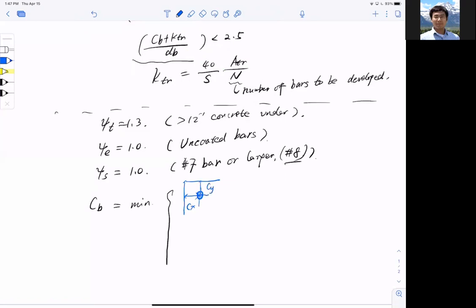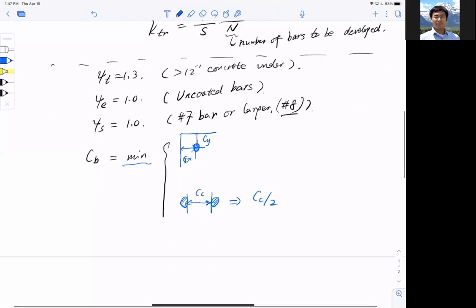And I need to know the minimum of cx, cy, or the clear spacing between bars. If this is cc, to avoid any confusion, then I need to know cc divided by 2 as well. So let's take a look. What is cx, cy? Which one is minimum?